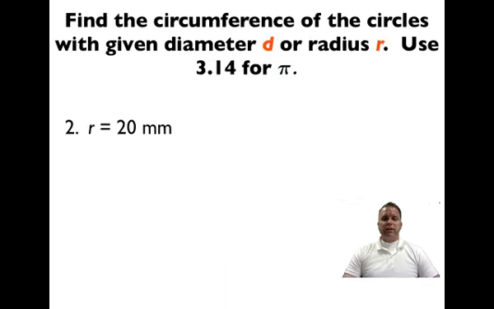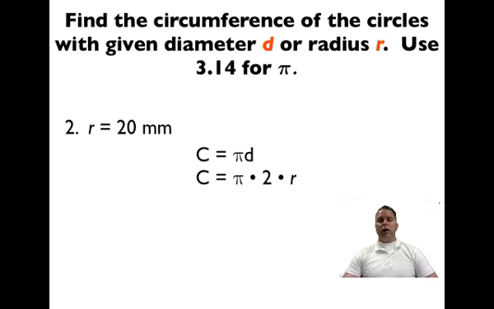All right, so let's find the circumference of circles with a given diameter d or a radius r. Use 3.14 for pi. All right, so we have r is equal to 20 millimeters. We're going to use c is equal to pi times d. Now, we don't have the d, we have the r. But remember, it takes two r's, two radii, to make a diameter.